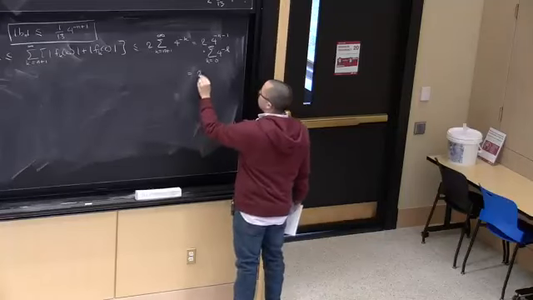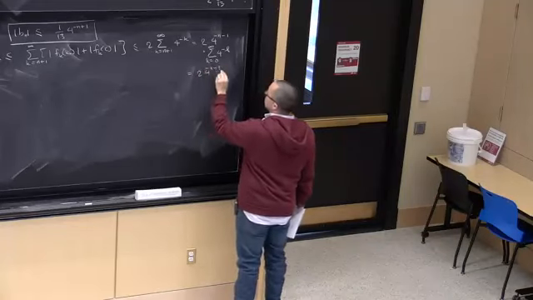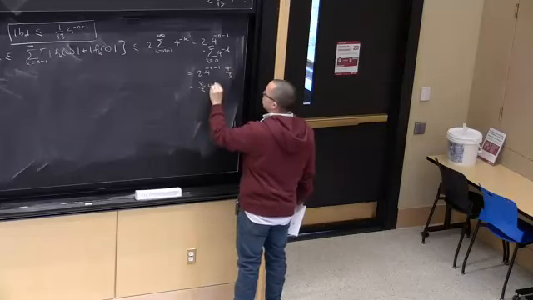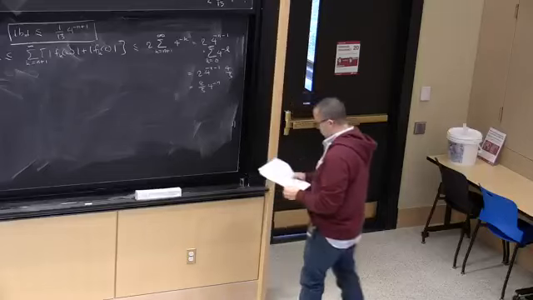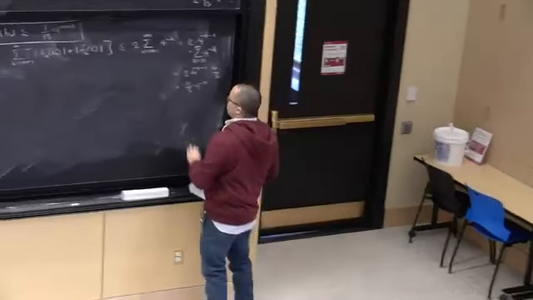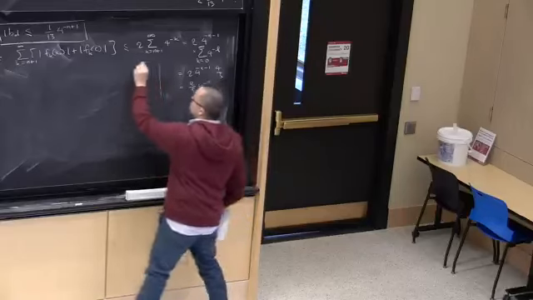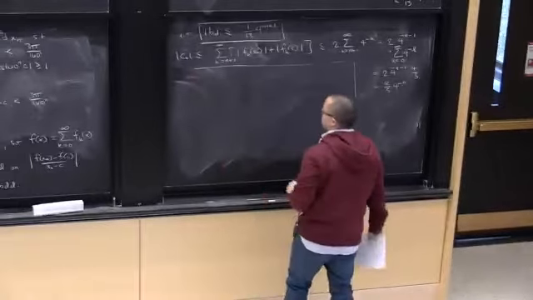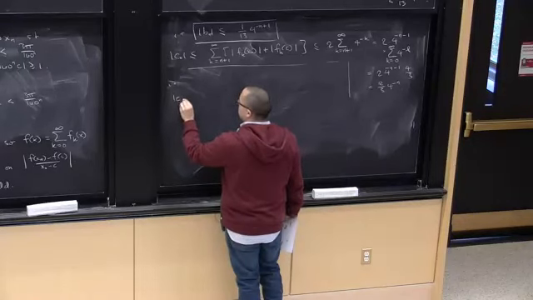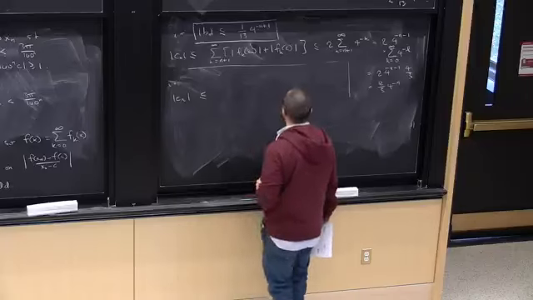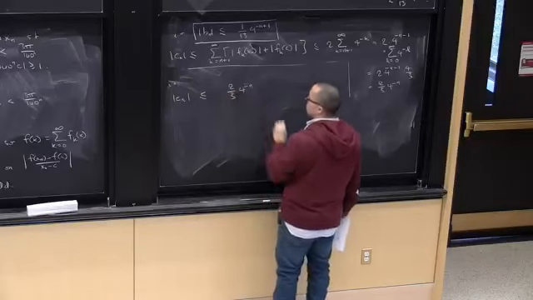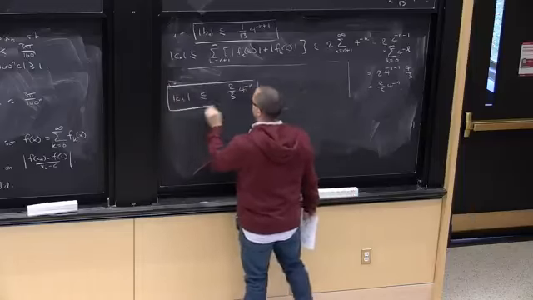This equals 2 times 4 to the minus n minus 1 times 4/3, which equals 2/3 4 to the minus n. Okay? So my board work's getting a little shoddy, but it'll be okay. That is, we've proven that the absolute value of c sub n is bounded by 2/3 4 to the minus n.